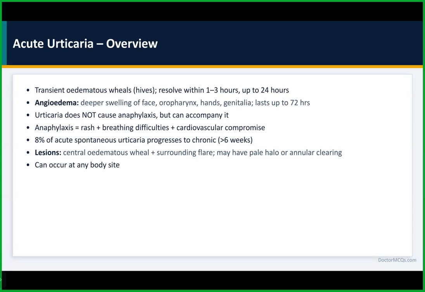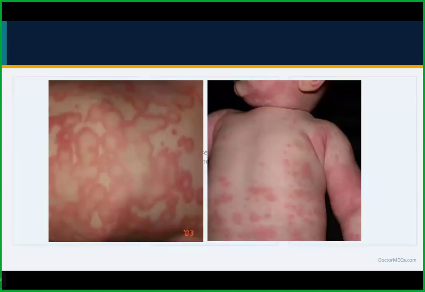A central edematous wheal with a surrounding flare will be there, and annular clearing, like in tinea, we will also have in urticaria. It doesn't have any particular body site and can happen anywhere in the body. So you can see central clearing, and all the wheals combine together to form a complete patch of urticaria. So this is acute urticaria.